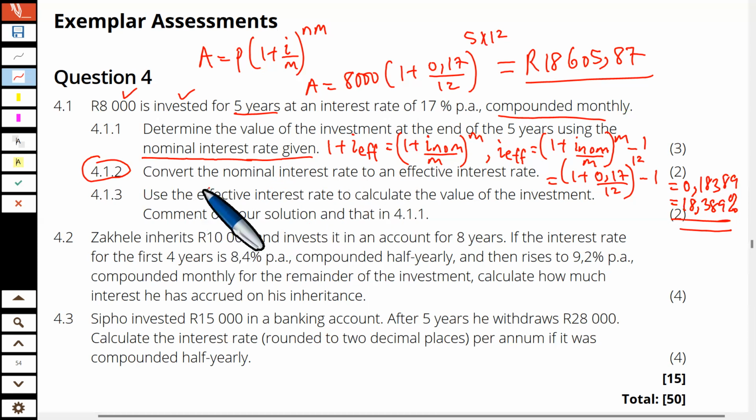Right, so if you have to convert the nominal interest rate to an effective interest rate, then the effective rate is 18.389%. Right, so if you look at 4.1.3, use the effective interest rate to calculate the value of the investment, and comment on your solution in 4.1.1.